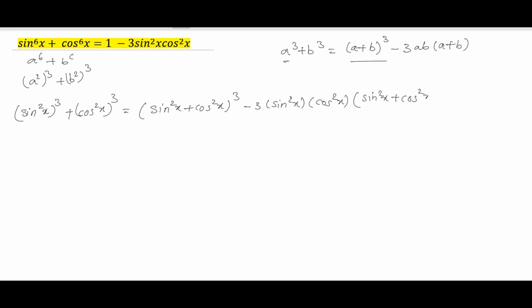We know the identity that sine square x plus cos square x is equal to 1. Here and here, if we substitute, 1 cube is 1 minus 3 into sine square x into cos square x into 1. Means we can write it like 1 minus 3 sine square x cos square x. This is nothing but the RHS that we have here. Coming to the next question.